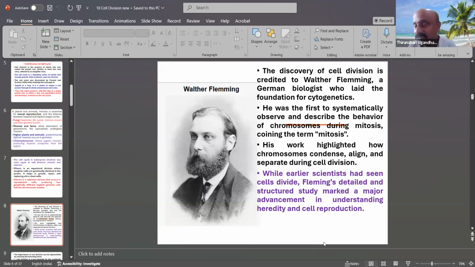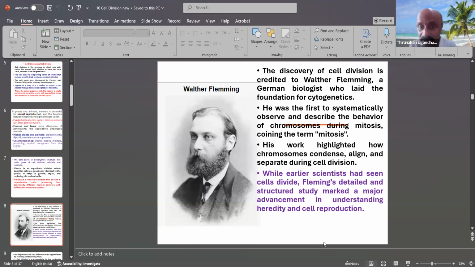The first observation of cell division was of the division of chromosomes, in two stages, karyokinesis and cytokinesis. His work highlighted how chromosomes condense, align, and separate during cell division.